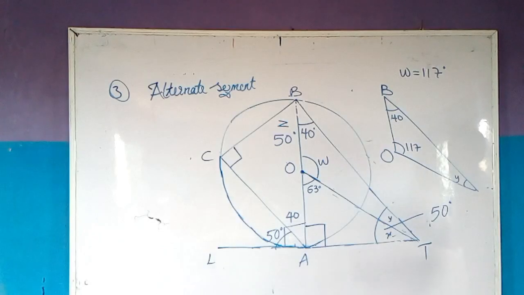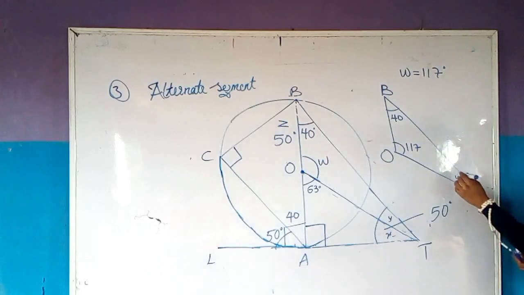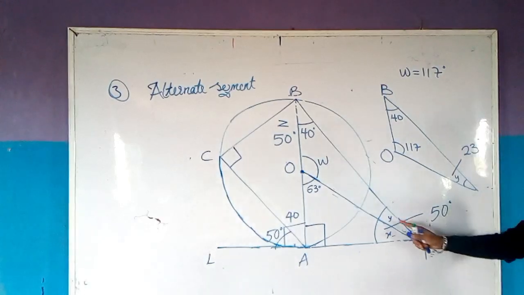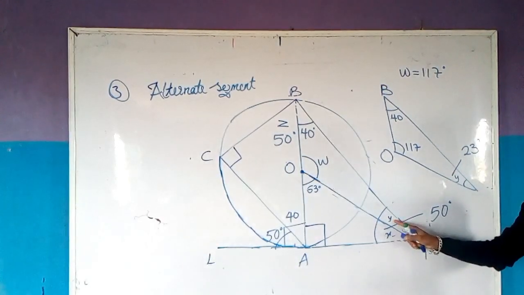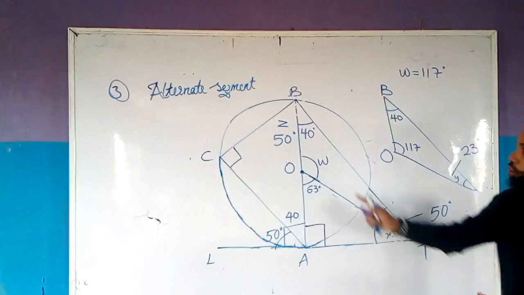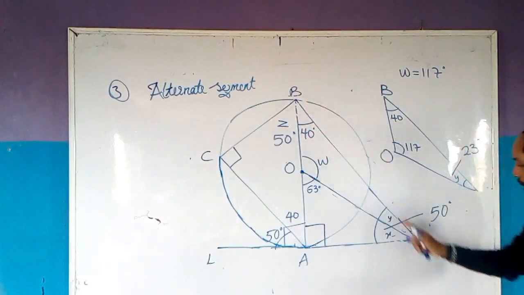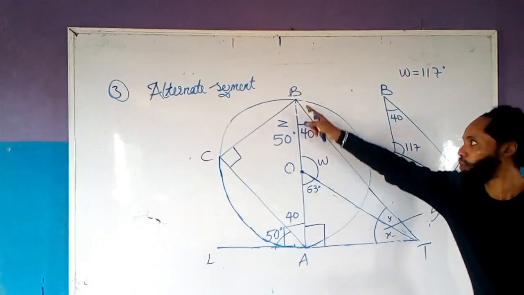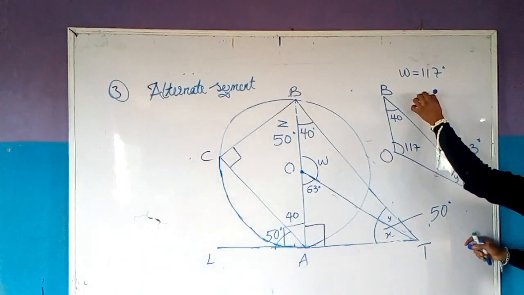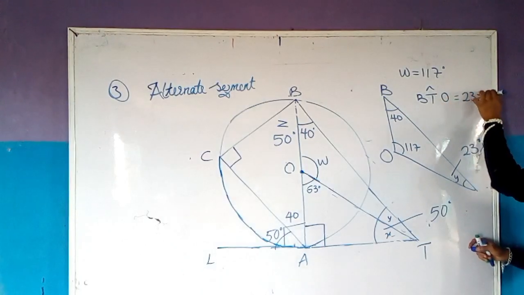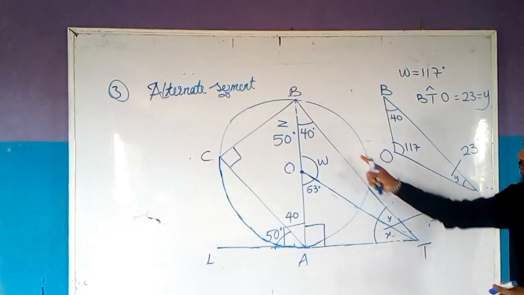Then 180 minus 157 is 23. So Y is going to be 23 degrees. Our Y is 23 degrees. Now how do we name our Y? They've already asked you to find Y, so just write Y equals 23. If they didn't name it, you call it BCO. BCO is also 23 degrees, which is equal to your Y.